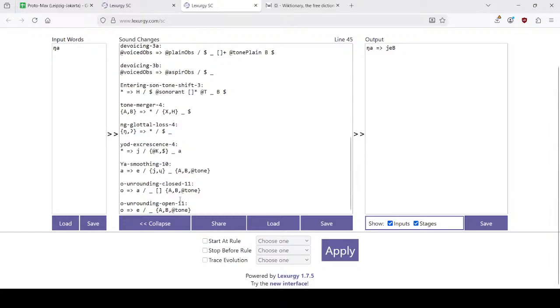Wait, does that work? Because if all to in, oh, this is in closed syllables, so that should be fine. And all to in, wait, we're good then.